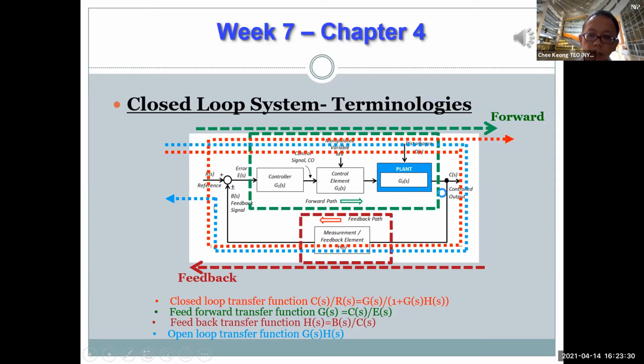Now the reverse gain or the feedback gain will be, of course, if I move backward along the feedback path from output back to input, any blocks lying here will be your feedback gain or feedback transfer function H(S), right? So the terminology used for forward is G, the terminology used for feedback is H.